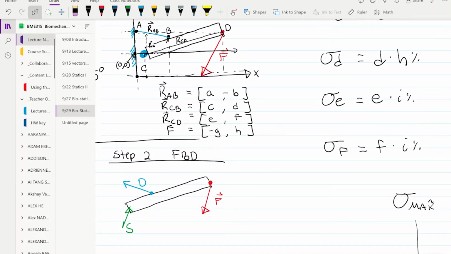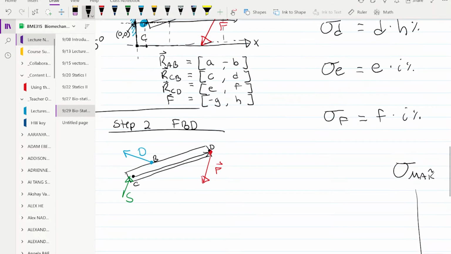Okay, so then we still have to talk about these lengths, these vectors. That's RCB, RCD, and F. All right, so now we don't need RAB anymore.